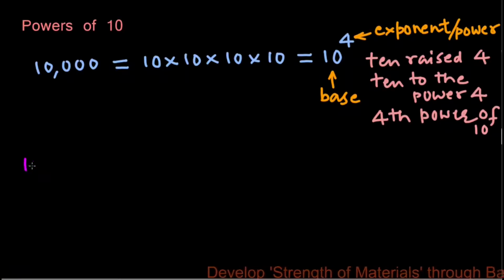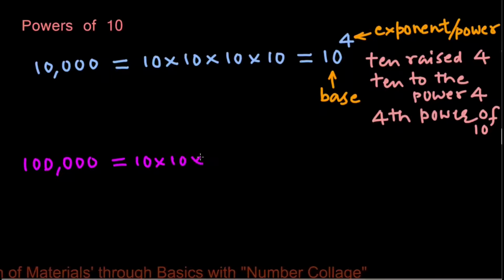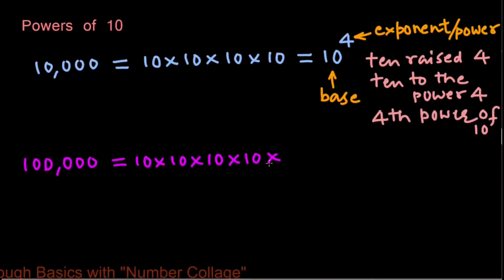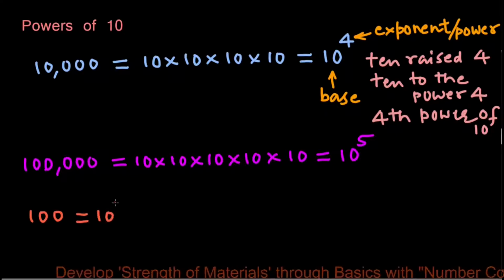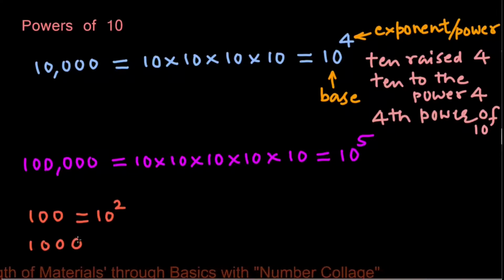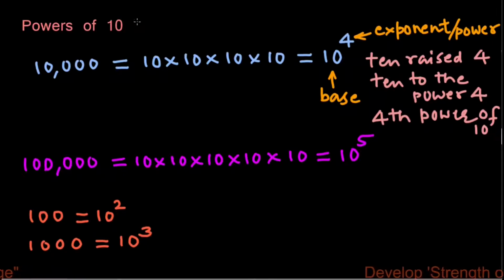Similarly, we write 100,000 as 10 multiplied by itself 5 times, which we write as 10 raised to 5, or simply we write 100 as 10 squared, or 1000 as 10 cubed. This is known as writing numbers in the powers of 10.